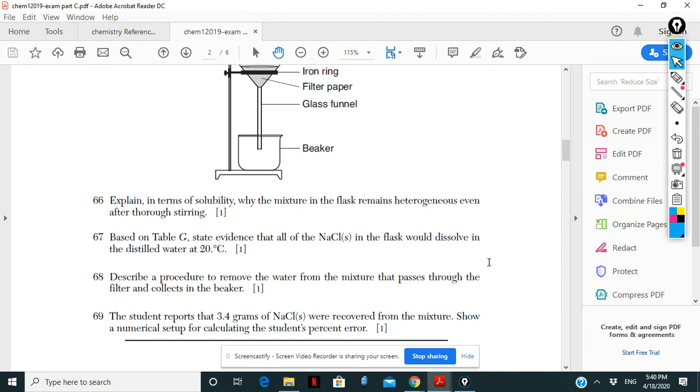It's heterogeneous because it's two separate materials and I can identify both of them. Sodium chloride is soluble in water, while sand isn't soluble in water. So one of them is soluble, the other one is insoluble, and I can identify the materials.